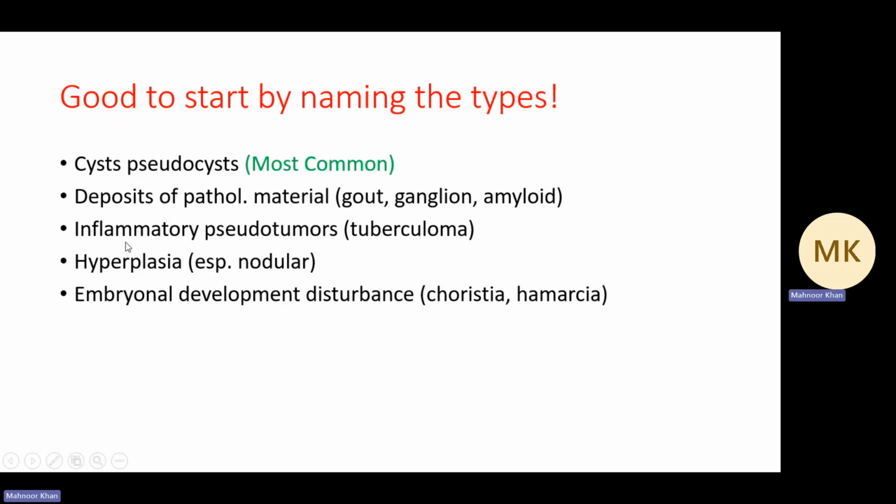Then there could be inflammatory pseudotumors, for example, tuberculoma. Then hyperplasia, for example, nodular hyperplasia. And then lastly, there could be choristomas and hamartomas, which is abnormal development or disturbance in the growth of the tissue.